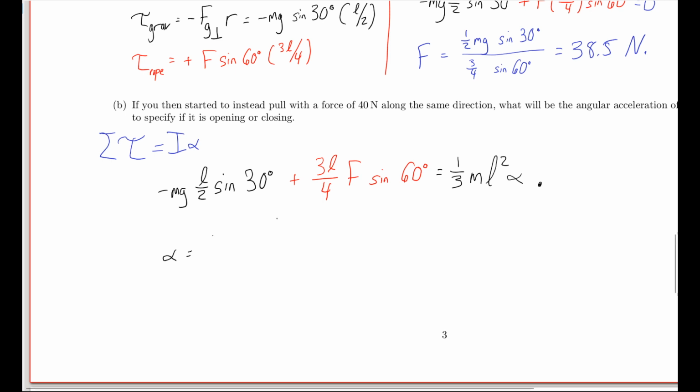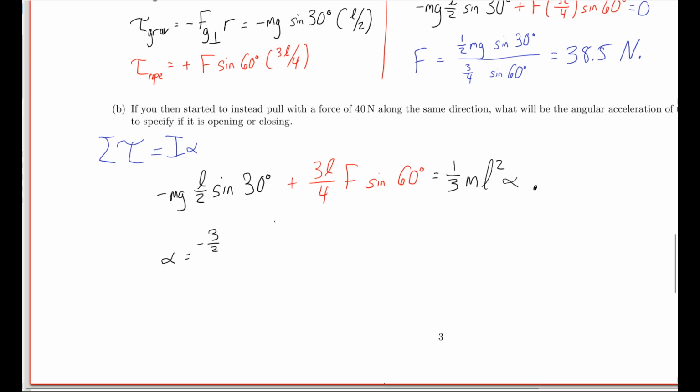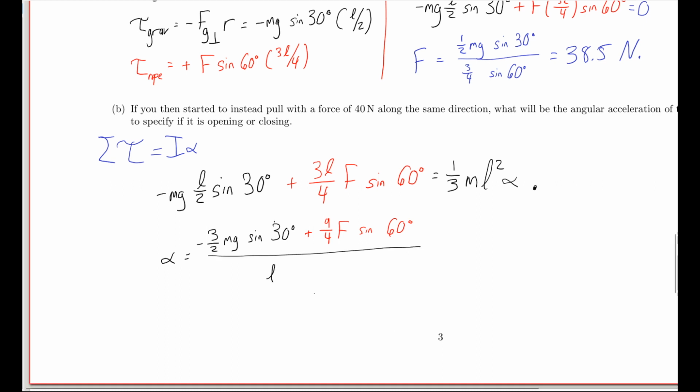So this is going to give us minus 3 over 2 mg sine 30 degrees plus, and now I'm supposed to multiply by 3, so that gives me 9/4 F sine 60 degrees. And I'm dividing by a factor of L. And then all of this is divided by one more factor of L times m.